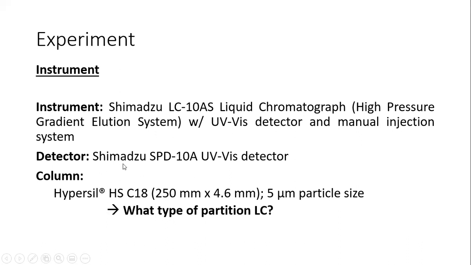Okay. So since C18 yung column nyo, what type of partition LC would occur here? So C18 is a non-polar compound. So therefore, this analysis is a reverse phase HPLC.